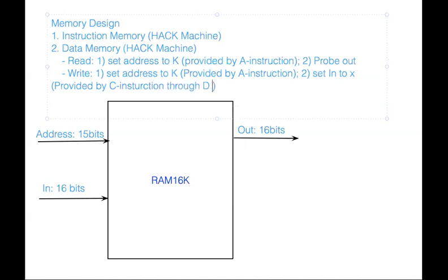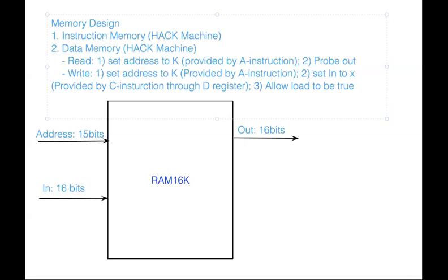Through the D register, you can store your data X and set it as your input, and you can store it in any place. So usually you will store it in the D register, and then we will allow load to be true.